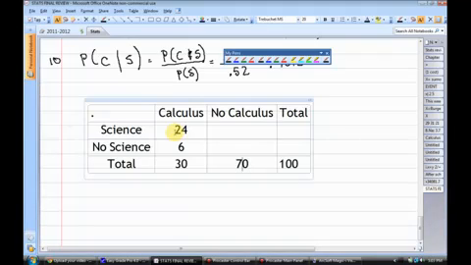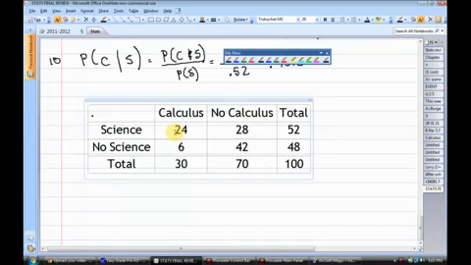So 40% of this 70 is 28. That means 28 of that 70 took science, and the rest of them, 42, did not take science. So how many kids took science? 52. How many kids did not take science? 48. So now we should be able to answer every question about this.